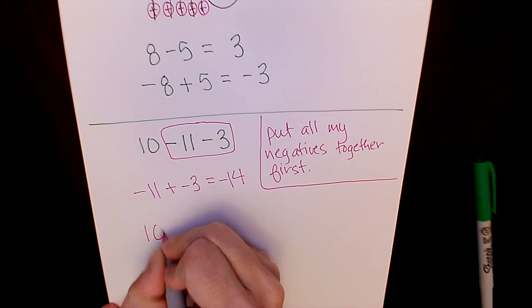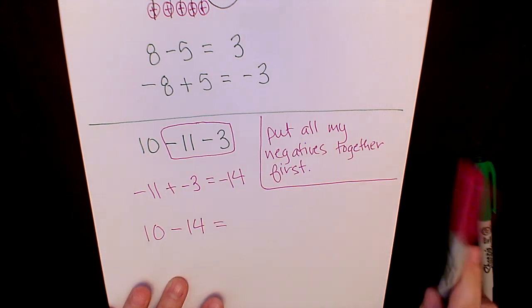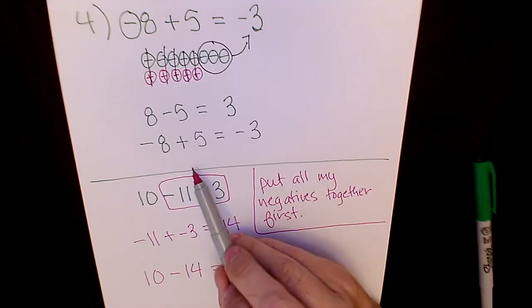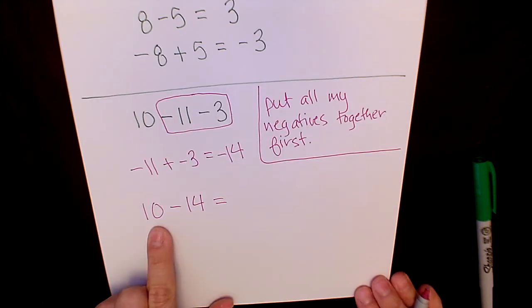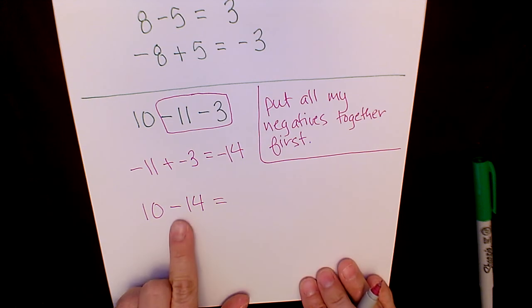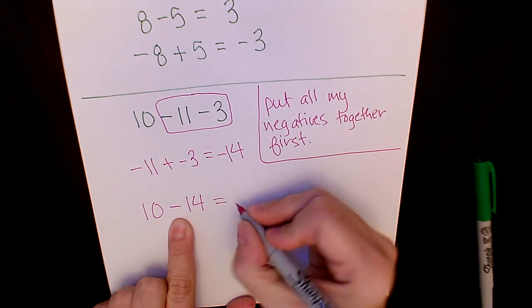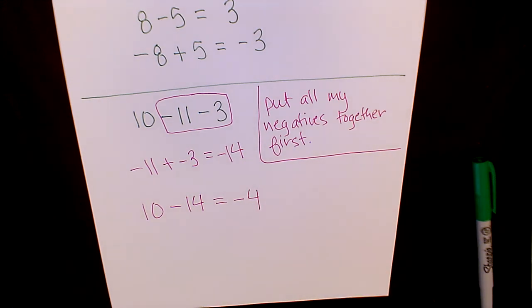So now I have 10 minus 14. And it looks just like the problem we did right here. So I've got a positive 10 and a negative 14. You can draw it out. You can subtract. 14 minus 10 is 4, and there's more negatives, so my final answer is negative 4.